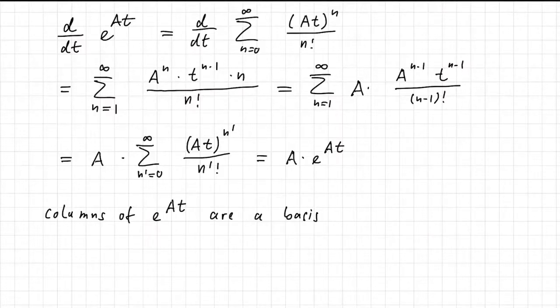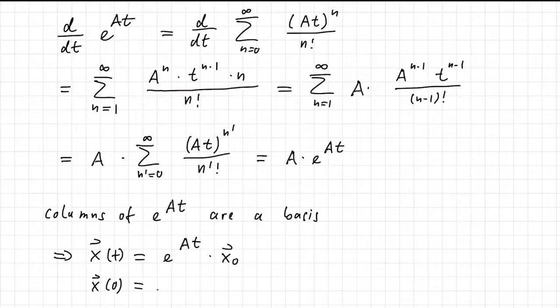So with this, we can also write down the solution for a specific initial condition, and we find the solution x of t equals e to the at times x0. If I now put in x of 0, I have e to the a times 0 times x0, which is the unit matrix, which I denote as I, times x0, which is simply x0.